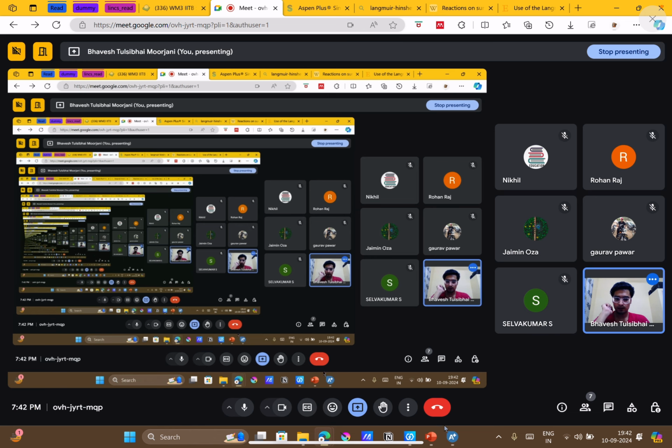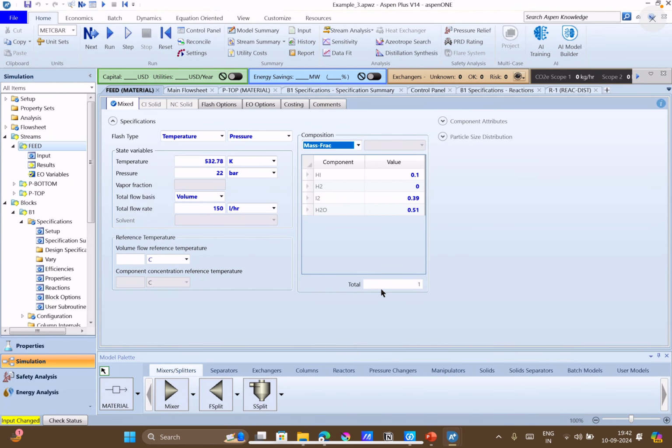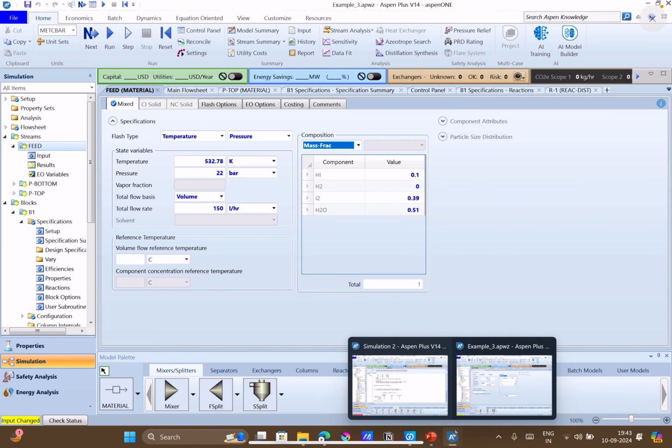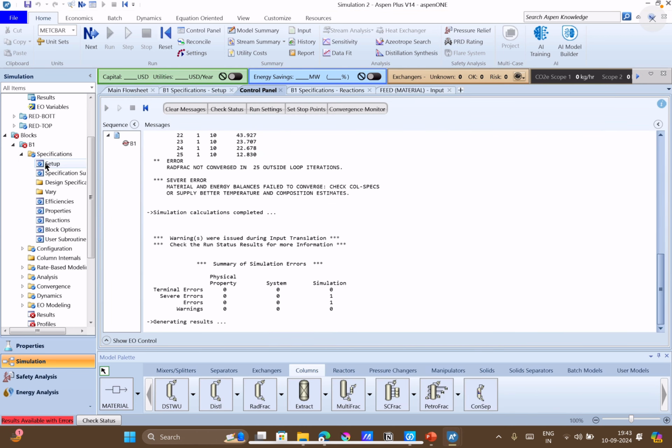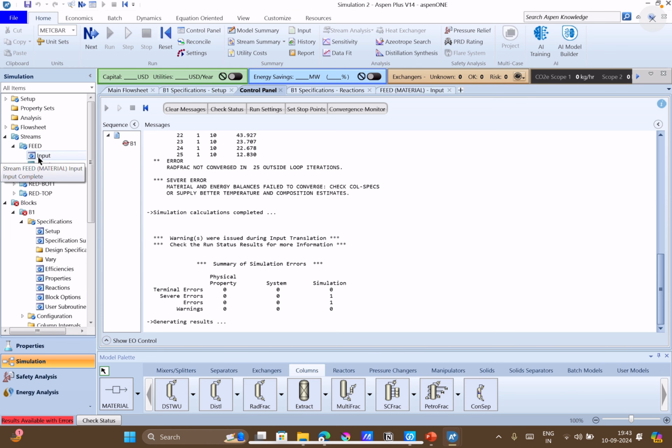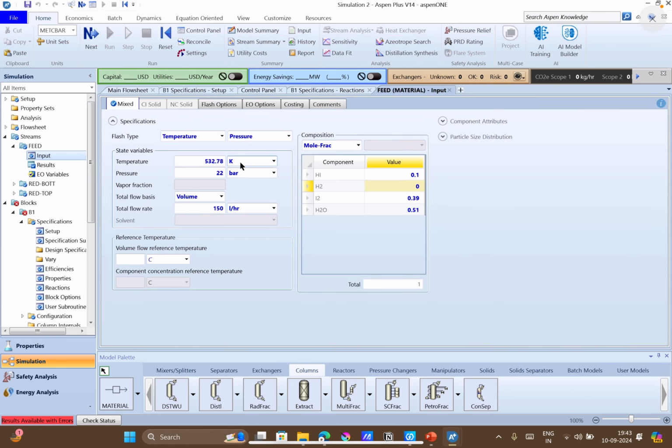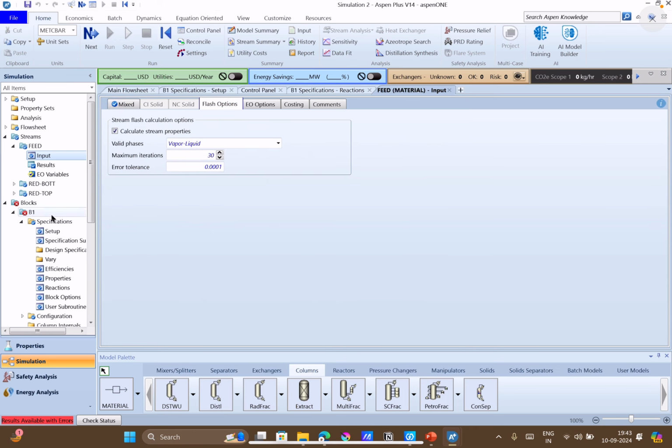So I'm not sure. Example 3 that I have already tried is working well. I have changed the data also, but I don't know why it is still giving an error. Mole fraction, threshold values, flash option we don't have to provide.